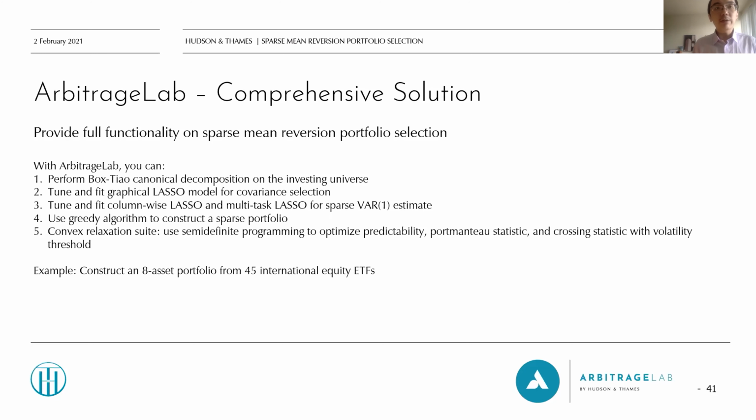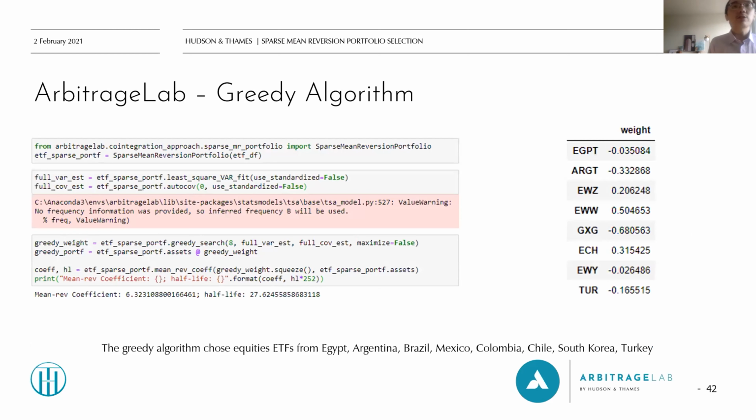In the following example, I'm going to construct a portfolio with 8 assets from the 45 international equity ETFs I've mentioned before. First, let's show the greedy algorithm. In order to get a sparse portfolio using the greedy algorithm, first you need to get a covariance estimate and the VAR1 coefficient estimate from your data.